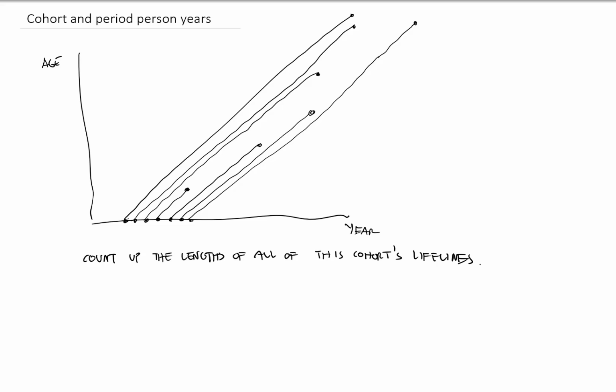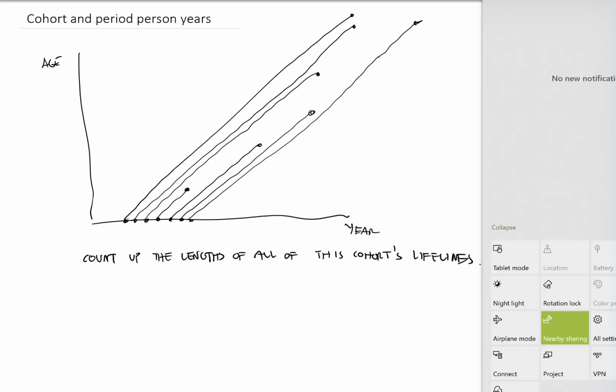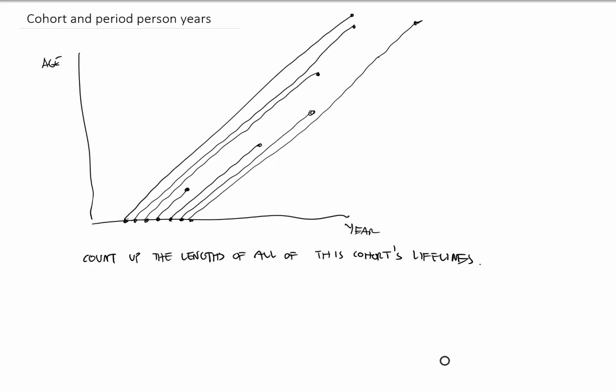We can get the total length of each of these lines. Some lines are pretty long. This person lived way out here. This person unfortunately died young. We can add up all of those years. We have all these people across the bottom.